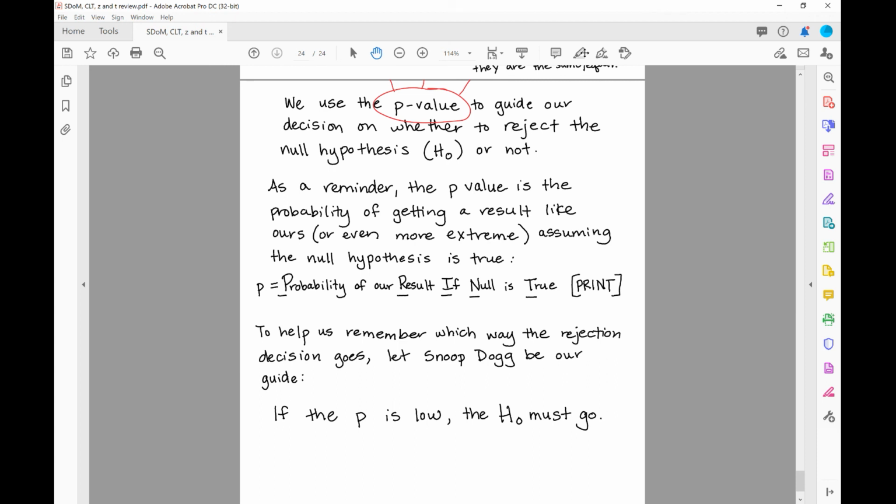So if we've got our sampling distribution based on our null hypothesis, if the p-value we get is higher than 0.05, that means that we're landing in the middle and we do not reject.